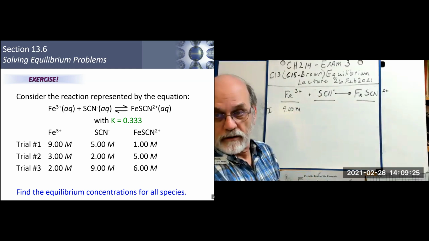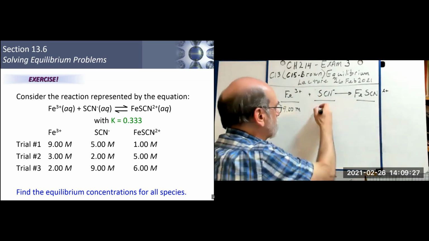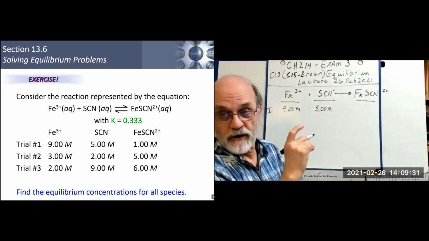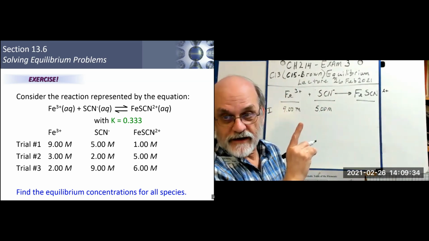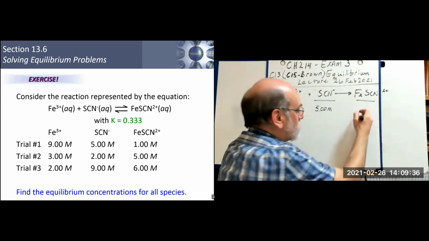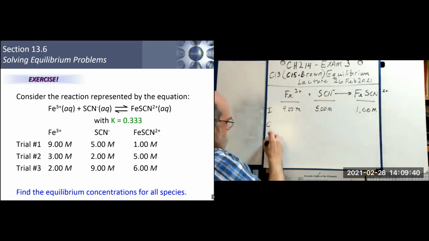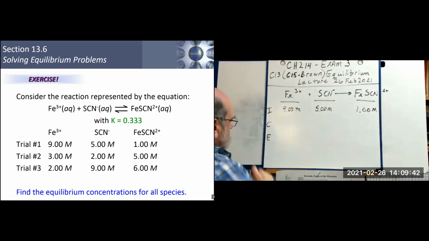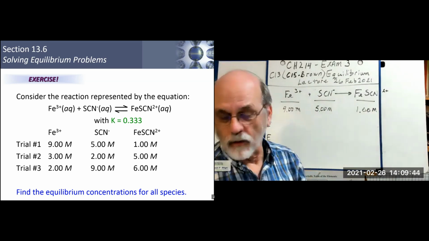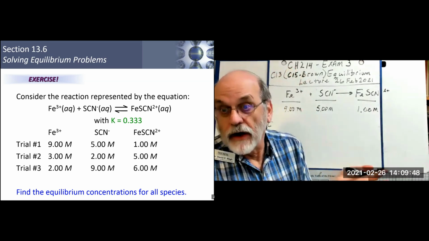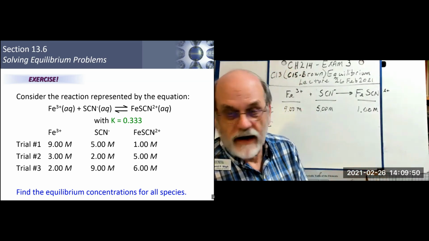The initial for thiocyanate is 5 molar. And the initial for iron 3 thiocyanate is 1 molar. Okay? Change. Equilibrium. All right, which direction is that going to move? We don't know. We have to calculate the Q value.